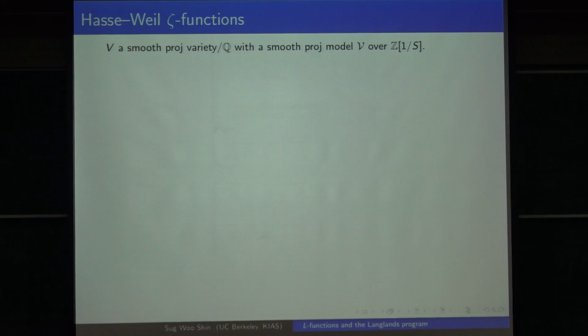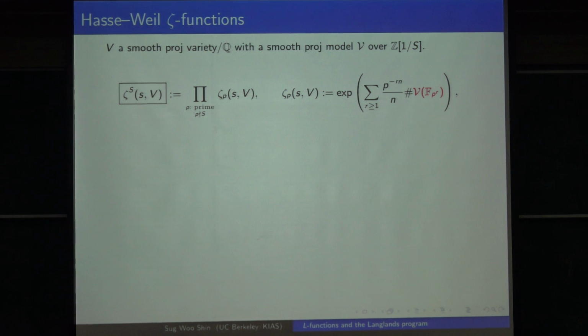Let's say it has a smooth projective model over Z[1/S], which just means a localization, so possibly away from finitely many primes.